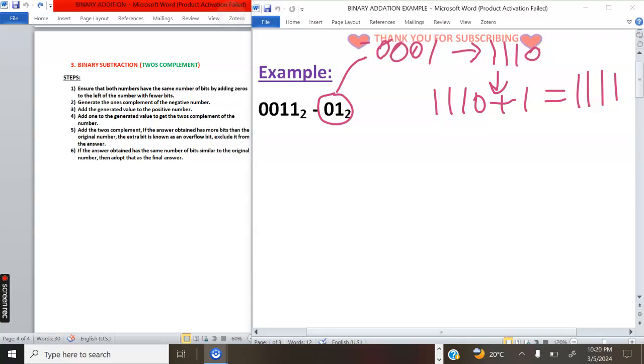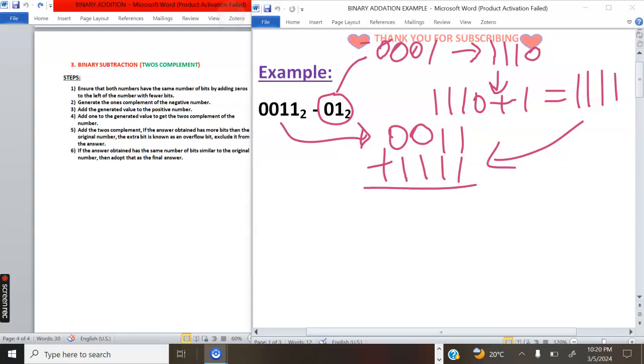Now, for our next generated part, we have to add the 2's complement number. So our number, 0 0 1 1, plus the other one, which is 1 1 1 1.